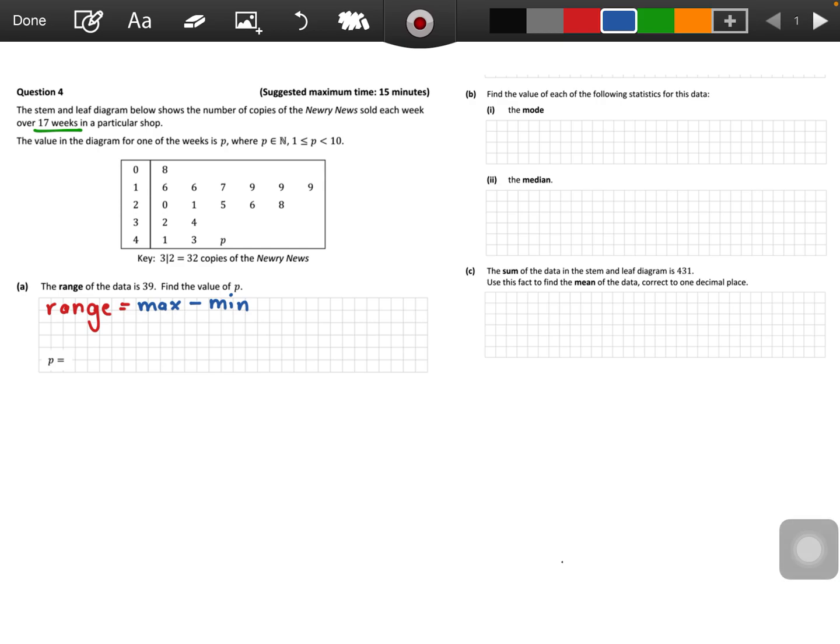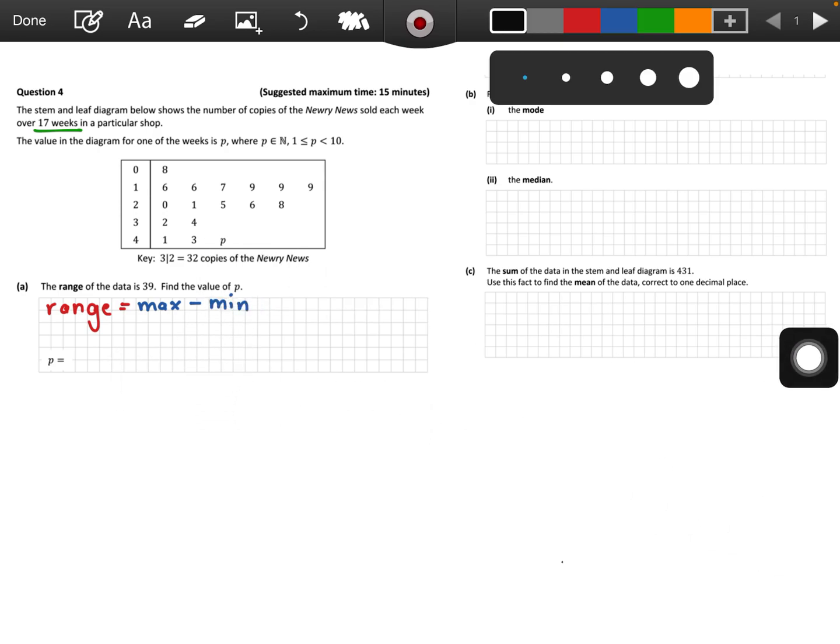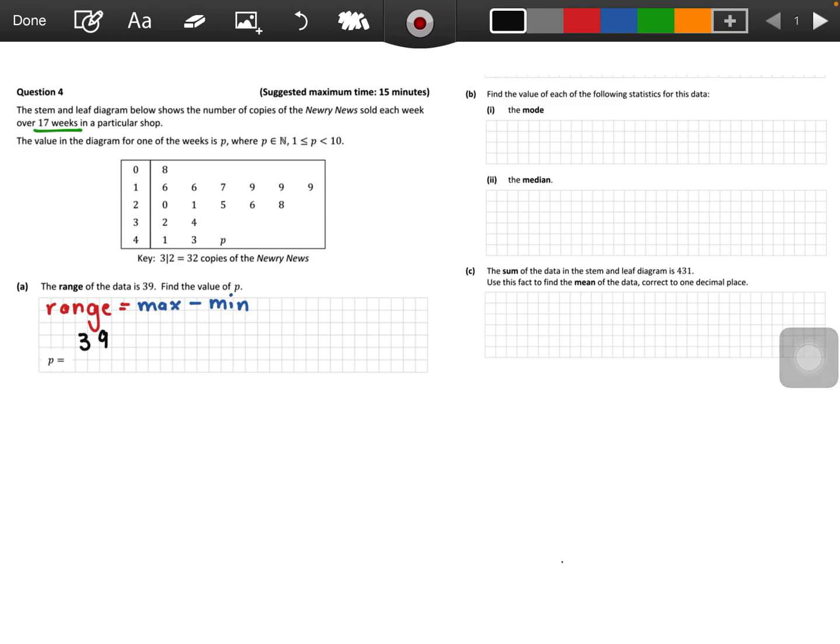So if I was to go and fill in this data, my range, I know that's 39. And that is equal to the maximum, so 4 line P, which for example if it was a 3 would represent 43.